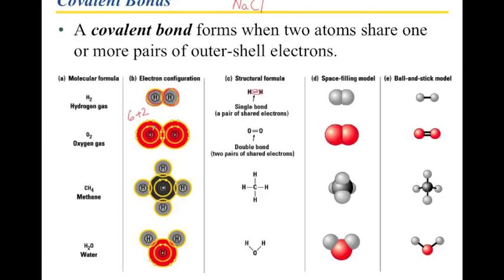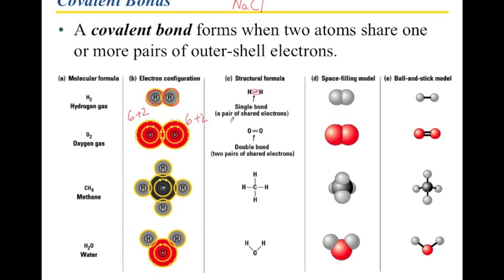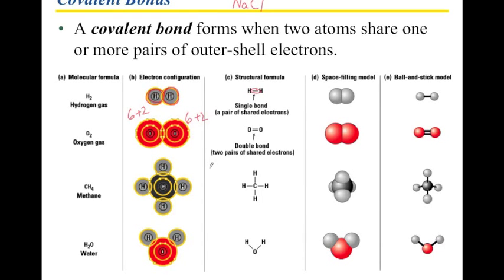Well, that means it's going to have 8. It'll be happy. On the other side, it will also share with the other one. So these electrons are doing double duty, and you have 6 plus 2 on that side. Again, electrons being shared. And then you can extend this whole thing into having multiple atoms do this.